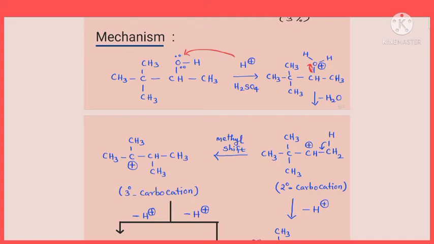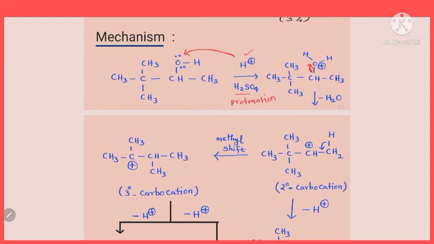In the presence of sulfuric acid, sulfuric acid will provide a proton. That proton will be added to the alcoholic oxygen, because alcoholic oxygen is electron rich and has two lone pairs of electrons. Otherwise you can say that the alcohol is getting protonated. This step is the protonation of alcohol.